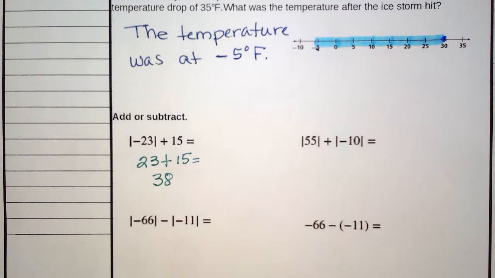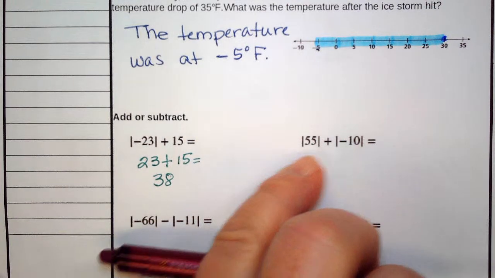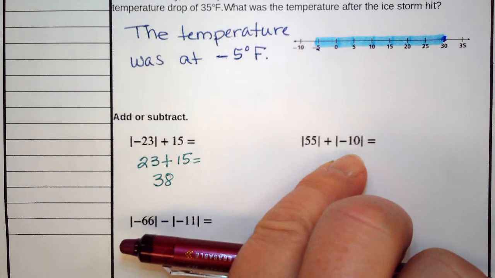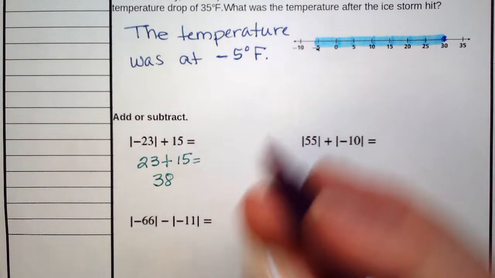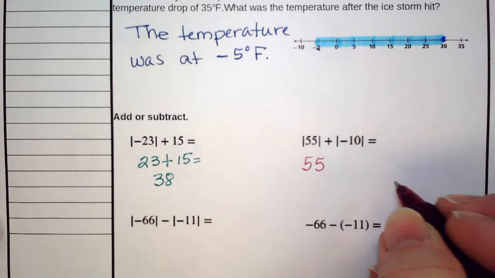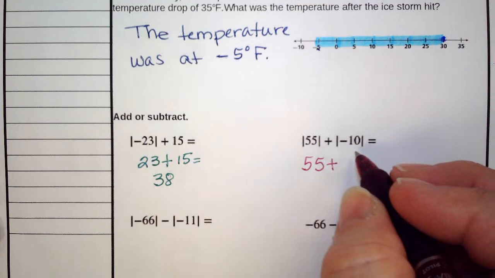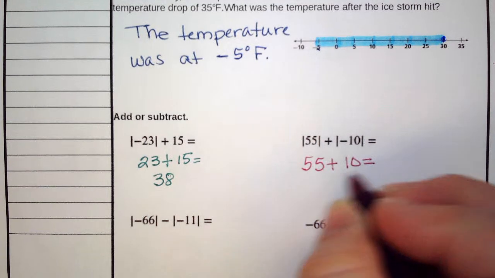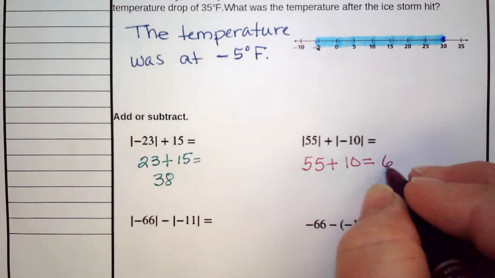On the next one, I'm looking at the absolute value of +55 plus the absolute value of -10 and what it's equal to. Once again, I just remove the symbols. 55 is 55 units from 0, plus -10 is 10 units from 0. 55 plus 10 is 65.